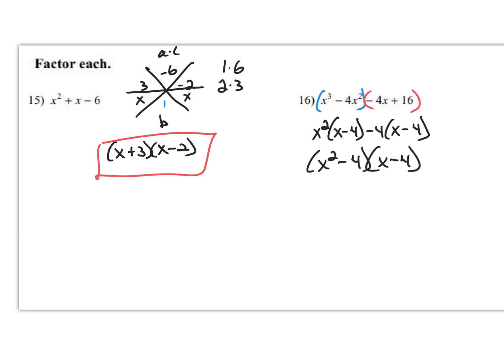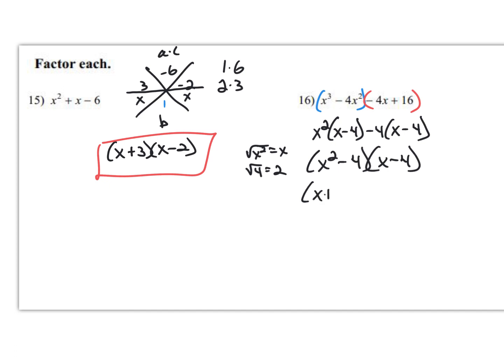But what you need to notice on this one is that this x squared minus 4 is the difference of two perfect squares. The square root of x squared is x, and the square root of 4 is 2. So we have the difference of two squares, and we learned that we can factor that by adding the square roots and subtracting them.